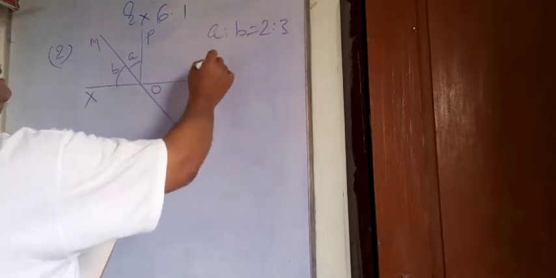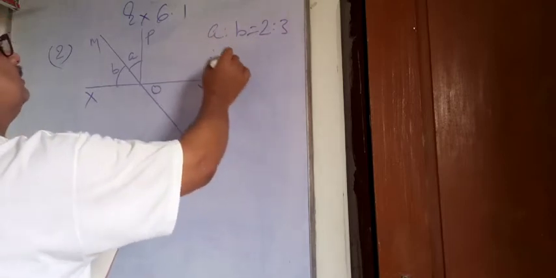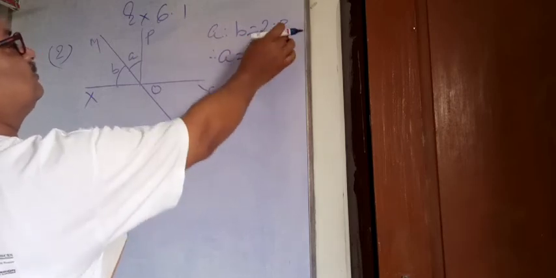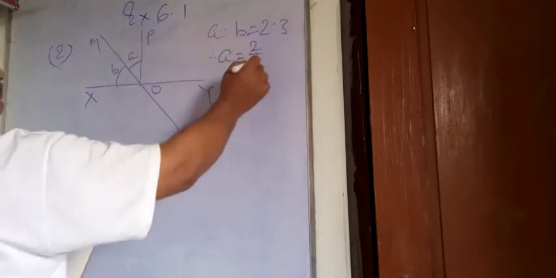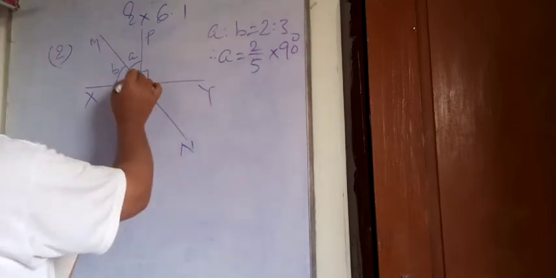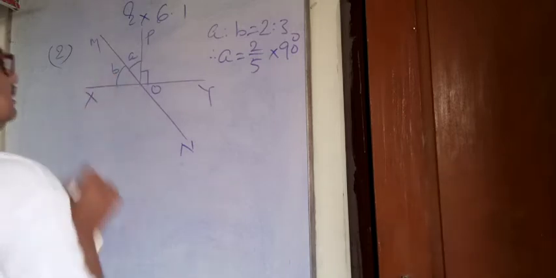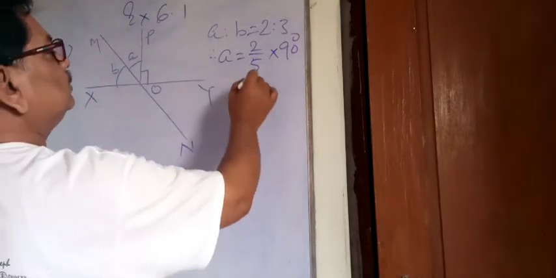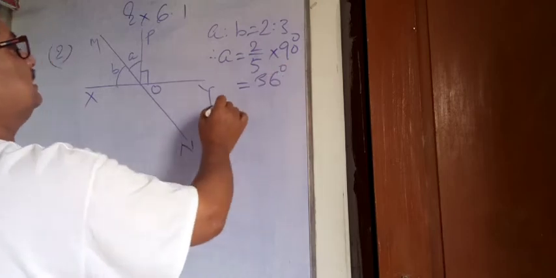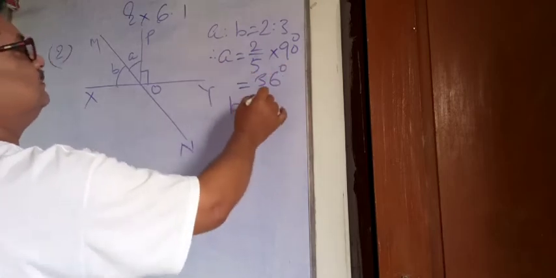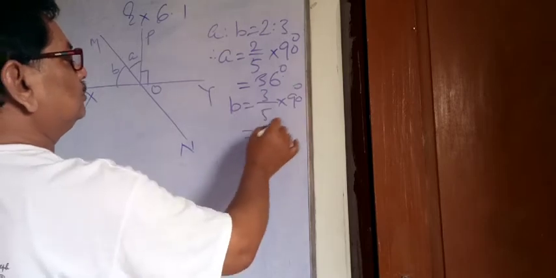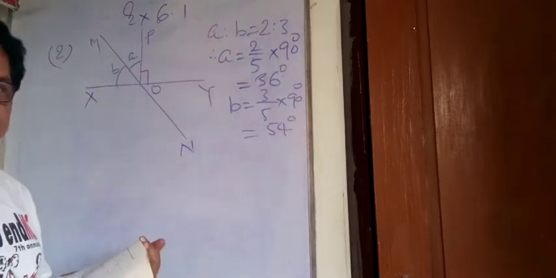So definitely if we go on calculating A, it will be 2 by 5, sum of these both, multiplied by 90 degrees. Why? Because this is 90 degrees, so this angle will be 90 degrees also. So it gives 36 degrees. And likewise B, 3 by 5 into 90 degrees, so 54 degrees it will become.